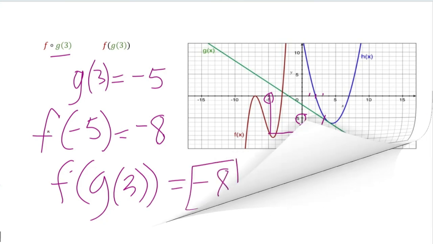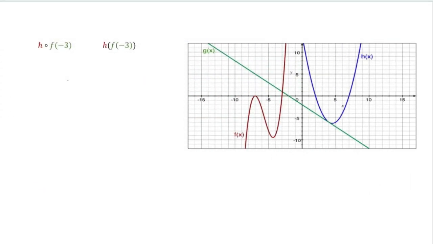Let's do another one. So here we have h of f of -3. So we're going to do the inner one first. So f of -3, we're going to go find our f function, and -3 is right here. 1, 2, 3. So the value of f of -3 is equal to 0.